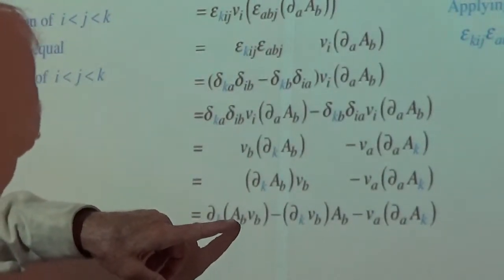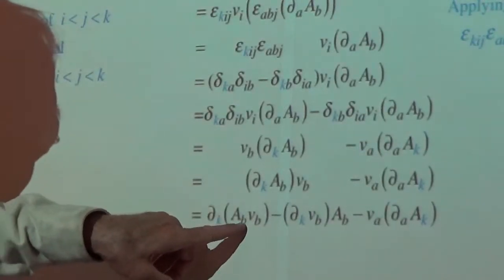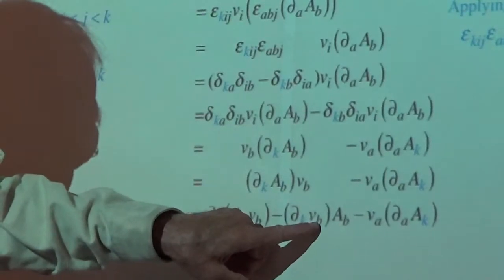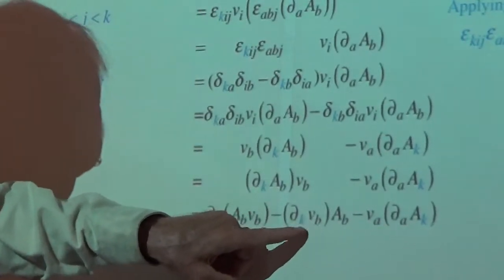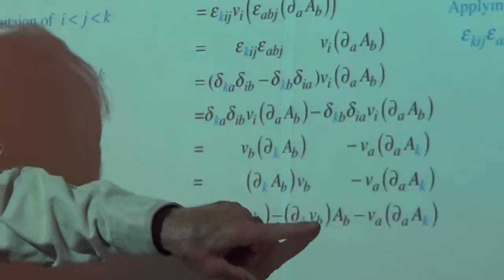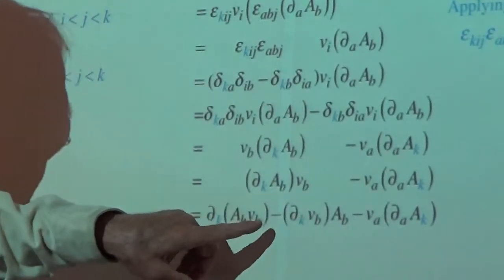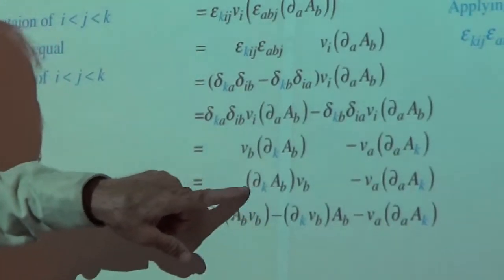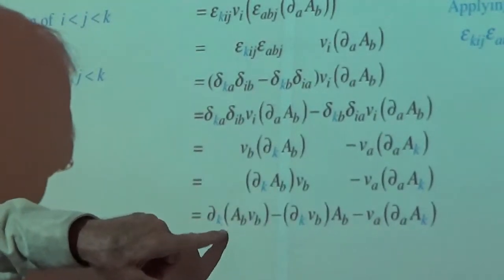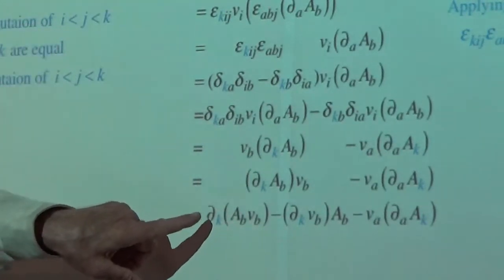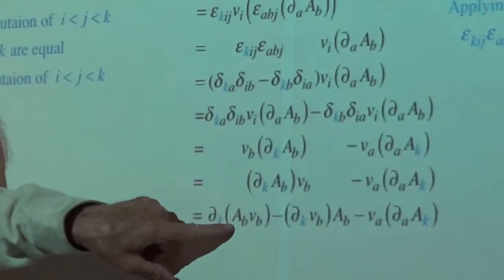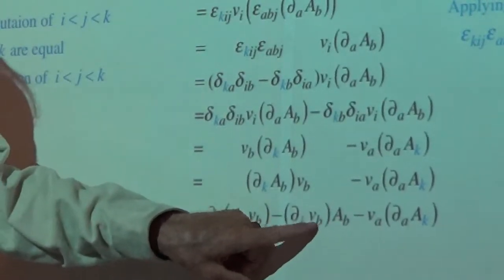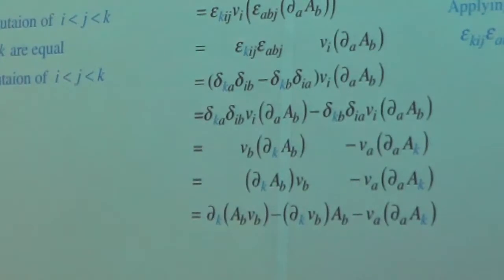I'm seeing a partial with respect to k of v_a minus partial k of the velocity's b component being subtracted. This is just a differential relationship for getting this product expressed in terms of a partial k of the product of A and v. So I'm just taking out the other combination there.